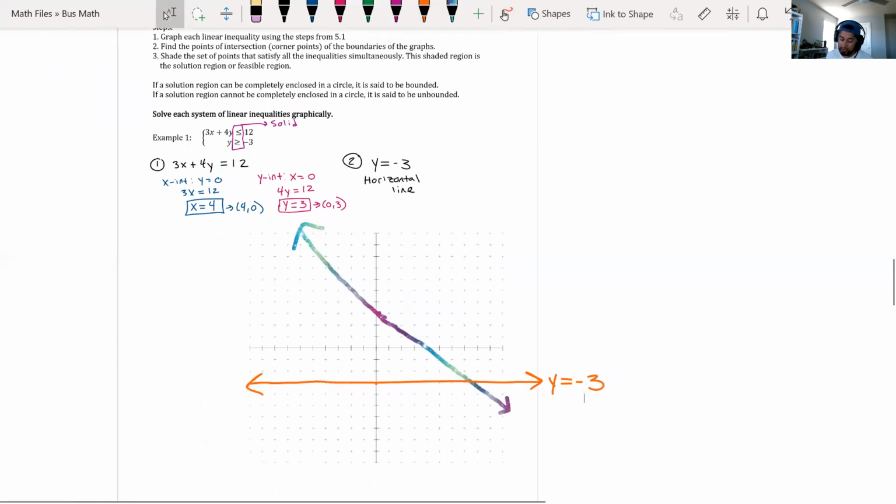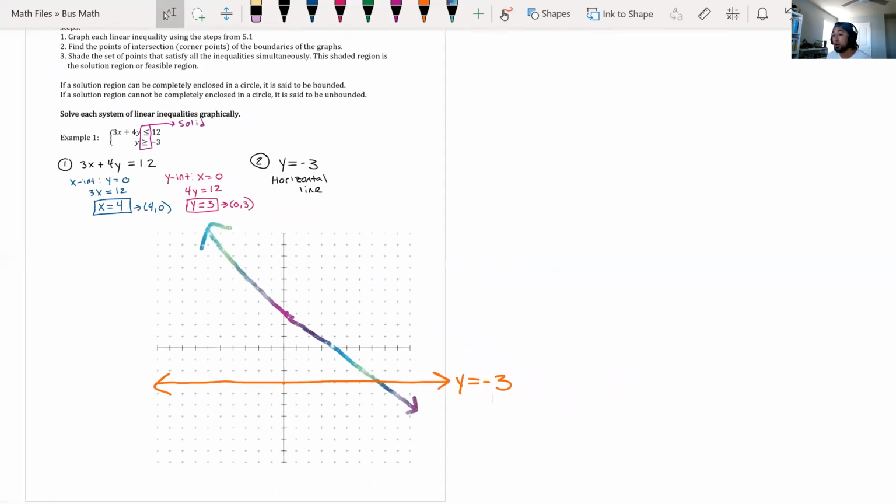So the next thing we want to find is their point of intersection. We want to know where exactly they intersect. That's going to be this point right here. Mine is a little off, but if you drew your graph perfectly, you should have intersected at this point.